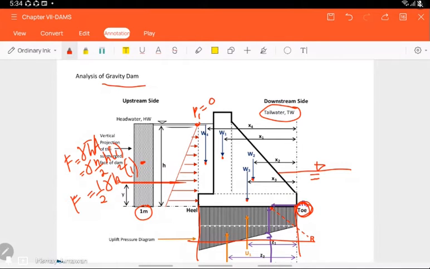We let that one as P1 because it is exposed to atmospheric pressure.